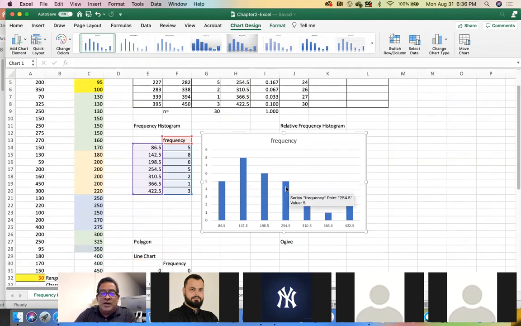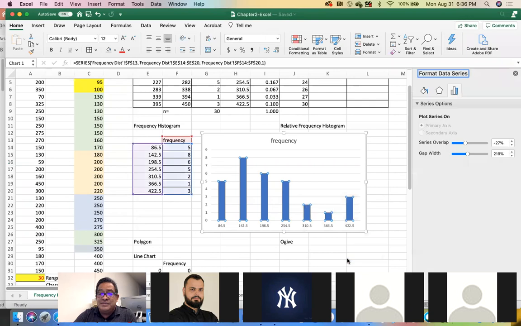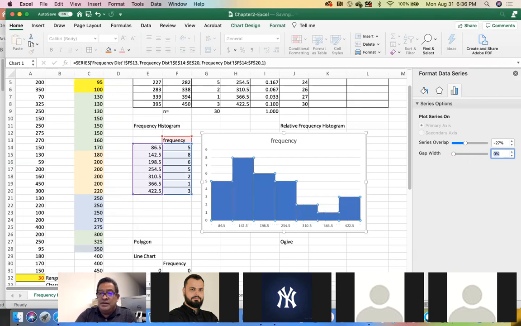Right click in your data, go to format data series, and then erase the gap here. So now you have a histogram, right?